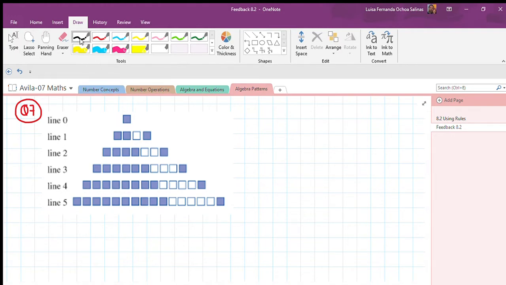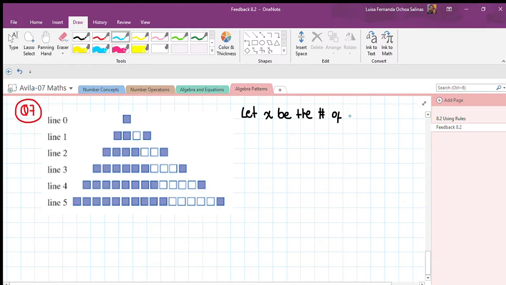So the two variables are going to be, let x be the number of blue squares in each line, and let y be the number of white squares in each line.